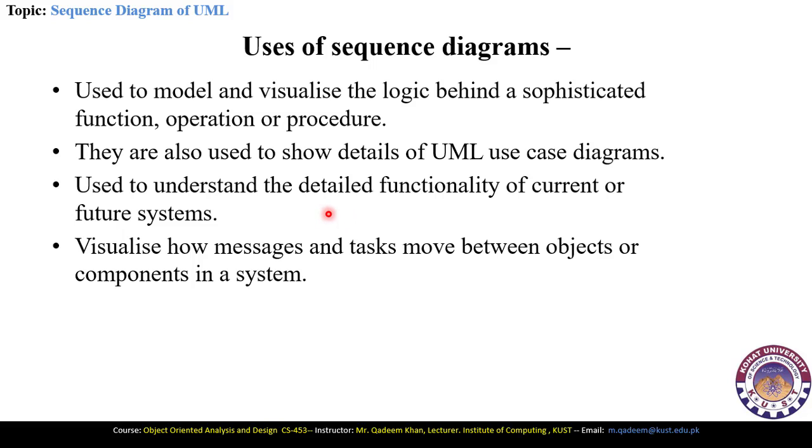Also, it shows the visualization of all messages and tasks which move between multiple objects or components in the system. So if we have multiple components or objects in the system, then all the messages in the form of functions are represented in a visualized format in the sequence diagram.